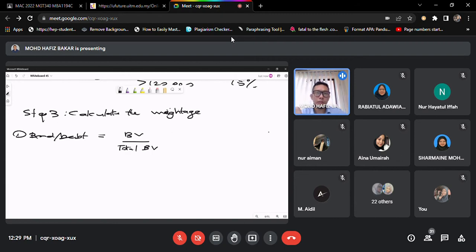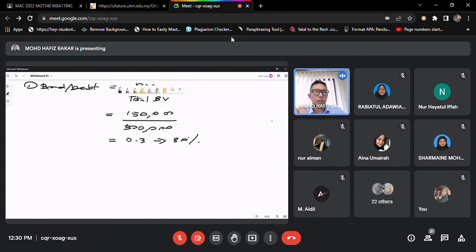You can refer to this from the question. For bond or debt they gave bond 150,000, divided by total book value, which is 500,000. So 150 divided by 500 is 0.3 or 30%. So this is the weightage.